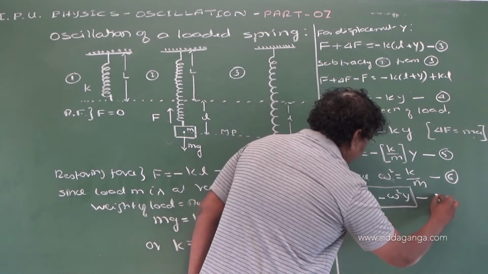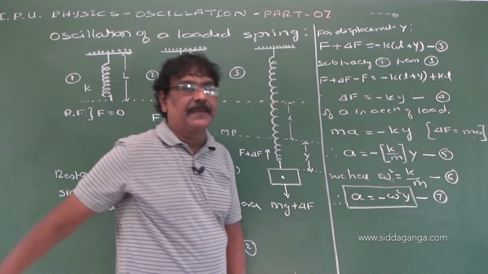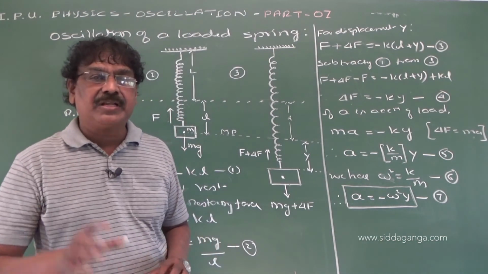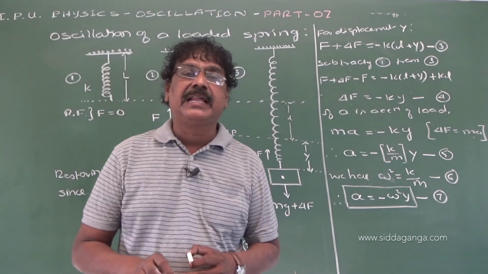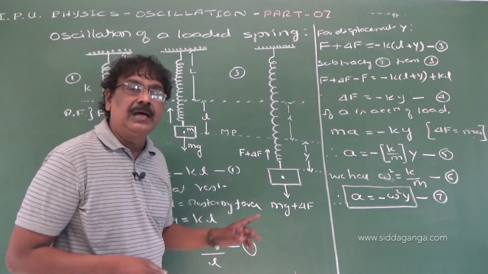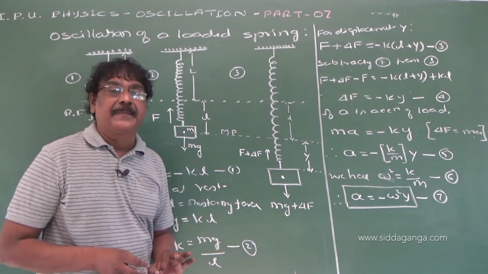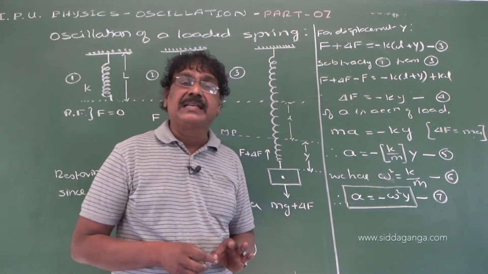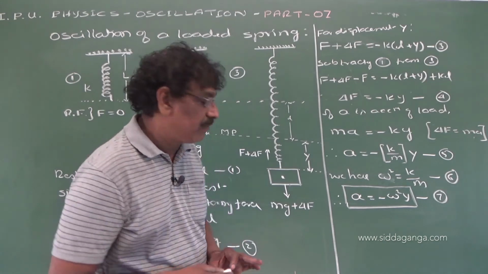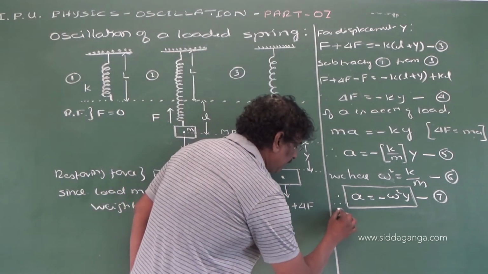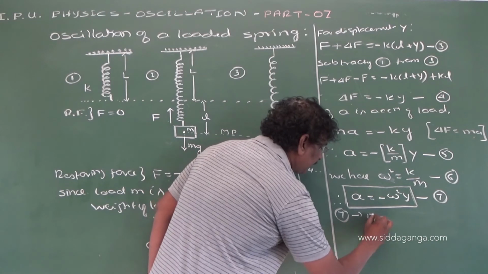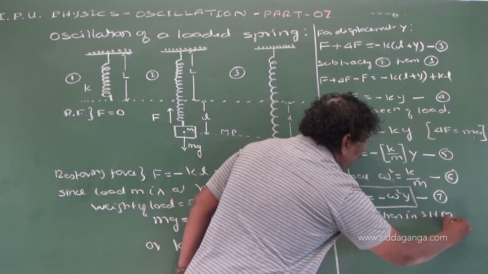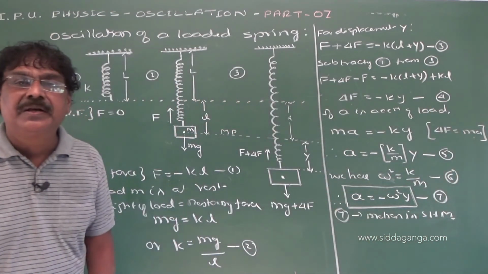I have arrived at that equation 7. What does equation 7 represent? Equation 7 represents the acceleration produced in the loaded spring. Now this equation is the acceleration of a simple harmonic motion. That means equation 7 indicates that the motion is a simple harmonic motion.